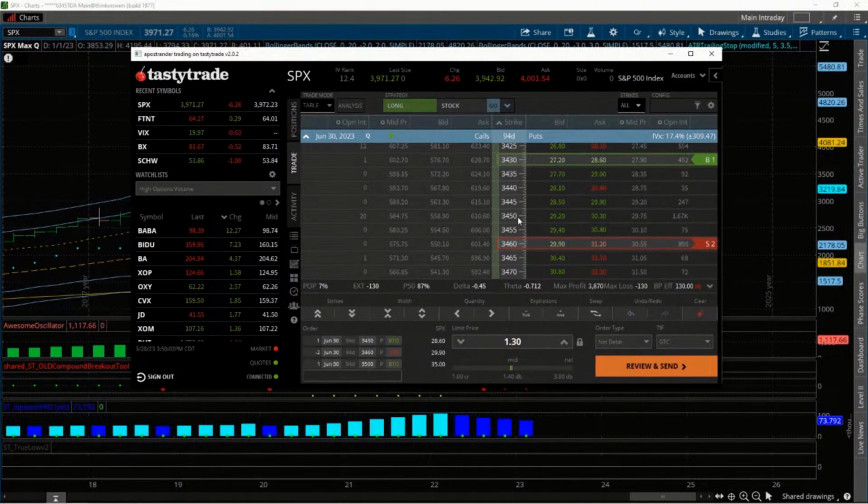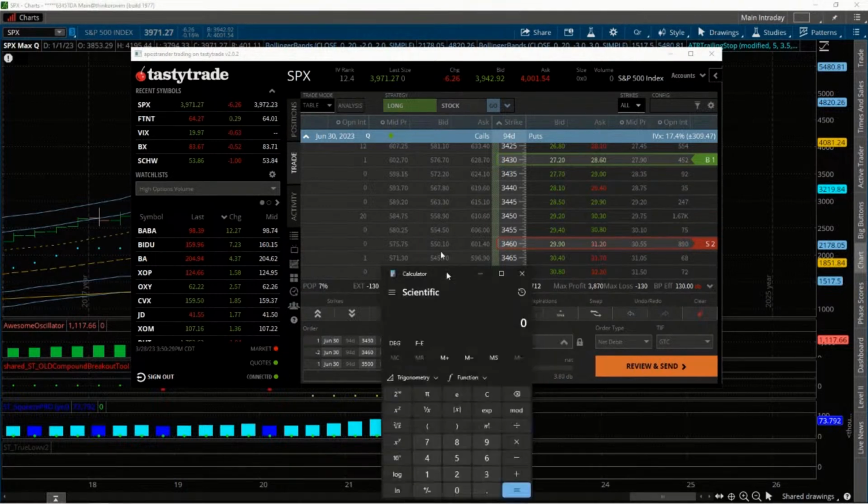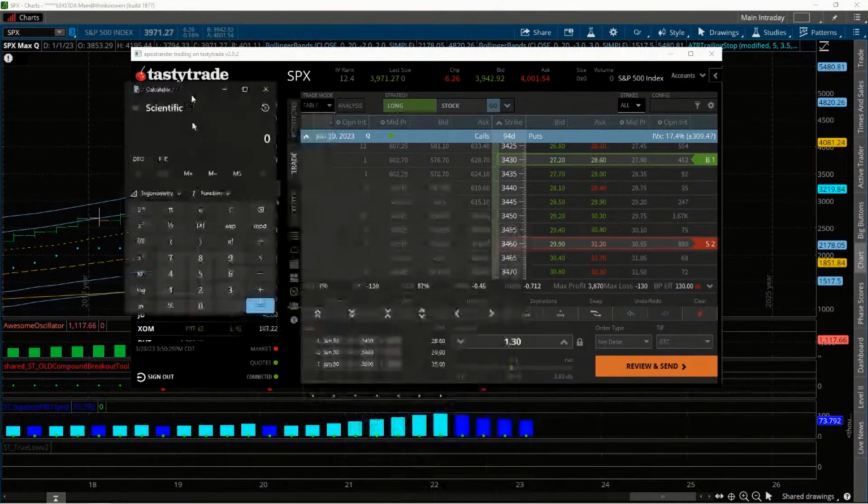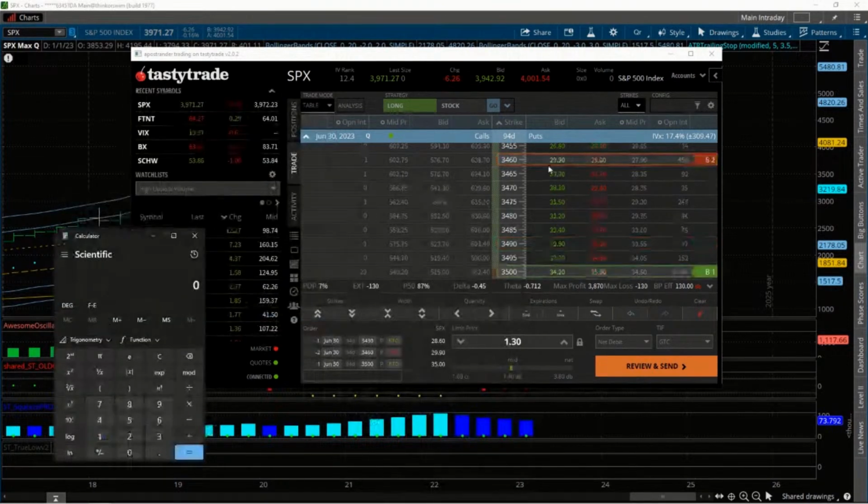But the benefit of doing debit style broken wing butterflies, there are two really main benefits around this trade. The first one is, let's say it goes that aggressive. Let's say we're down to 2,500 by the end of the quarter. Well, if this trade goes completely in the money, it still allows a profit for me. And that profit, for those of you unfamiliar with debit broken wing butterflies, the way you figure it out is you take the difference of the spread widths. So on my debit spread side, I have 40 points of width.